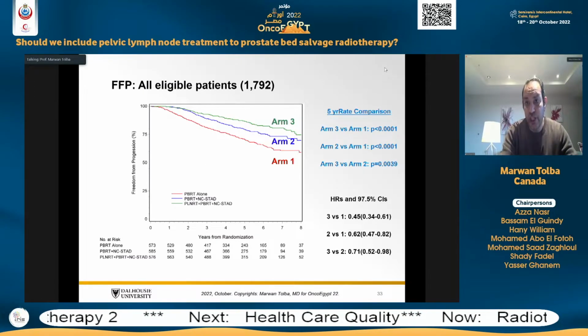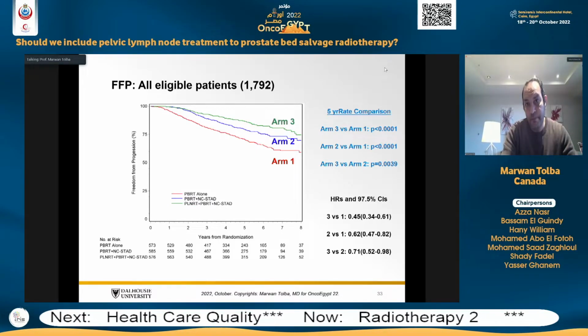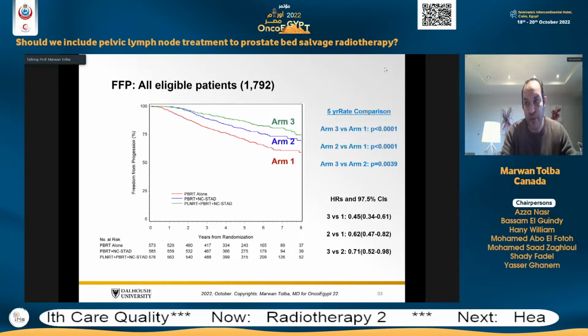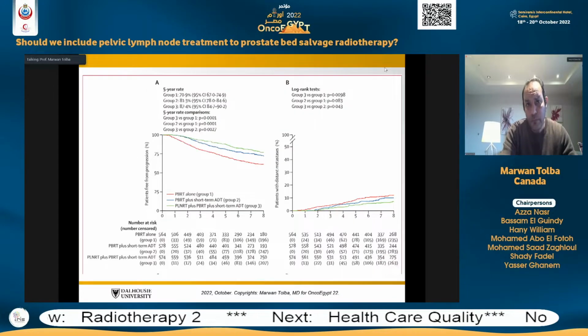The freedom from progression at 5 years was significantly different between the 3 arms. And if we see arm 1 versus arm 3, which uses the dual escalation, it is very, very superior to the prostate bed only radiotherapy.